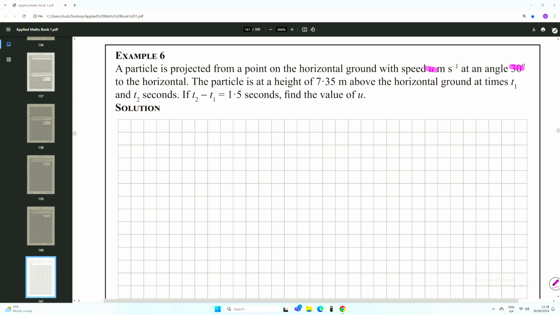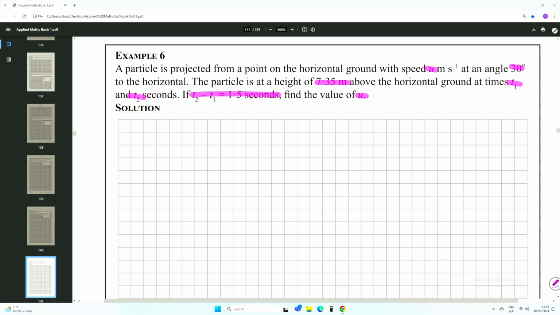The particle is at a height of 7.35 meters above the horizontal at 2 different times. Once on its way up and the next time on its way down, at times t1 and t2 seconds. We're told that the difference in those 2 times is 1.5 seconds. Find the value of u.